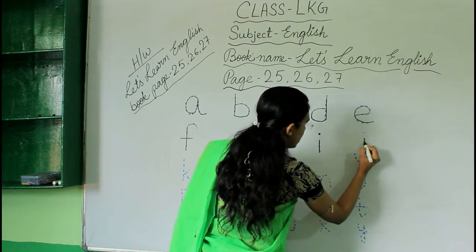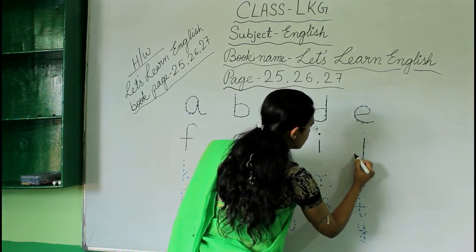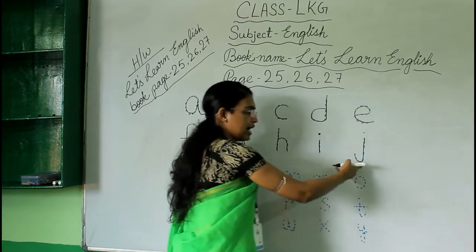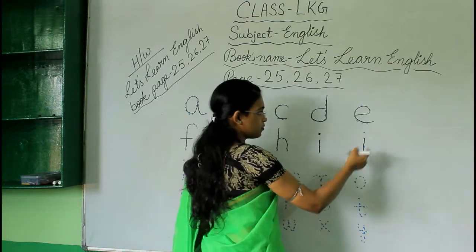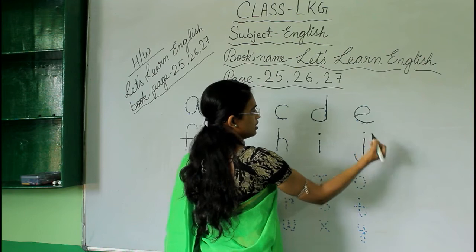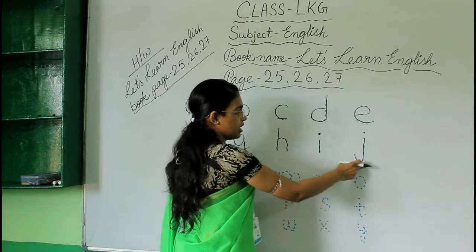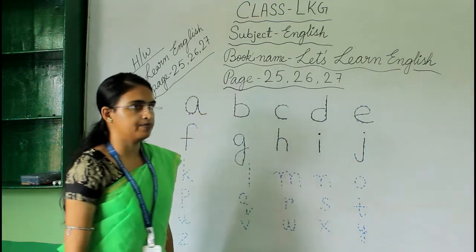Yes, first we have to draw a straight line, then we have to draw a curved line like this. And then when you are writing in small letter, on that time put a dot in the up, okay? When you are writing small letter J, give a dot here.